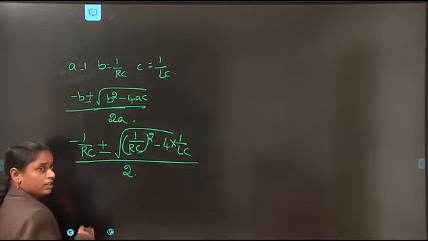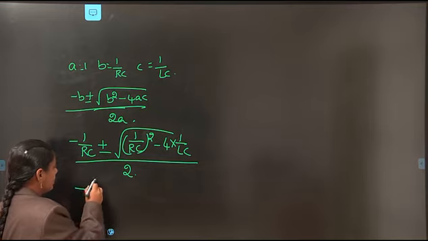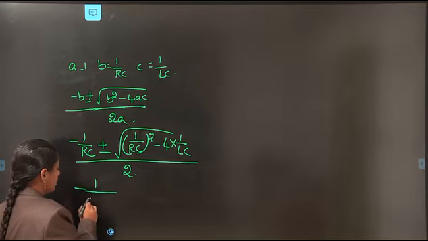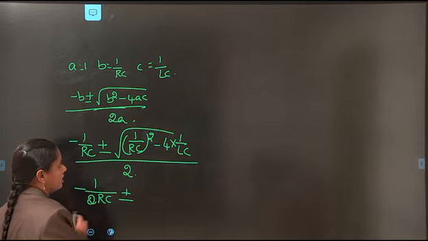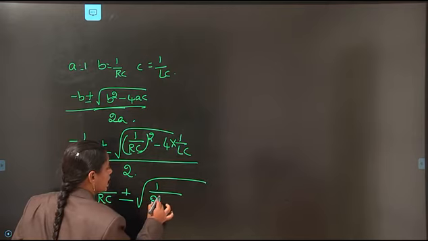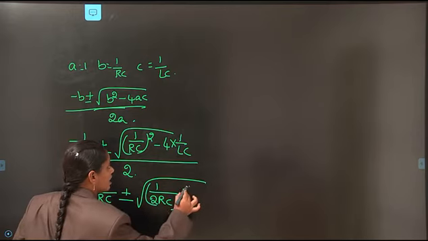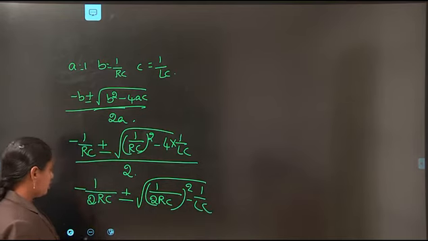Then we shift the 2 to the denominator side. Then it becomes minus 1 by 2RC plus or minus square root of 1 by 2RC whole square minus 1 by LC. So this equation we have to get.